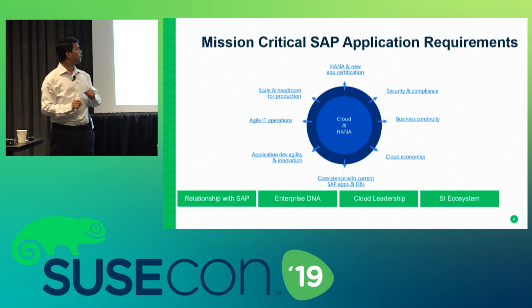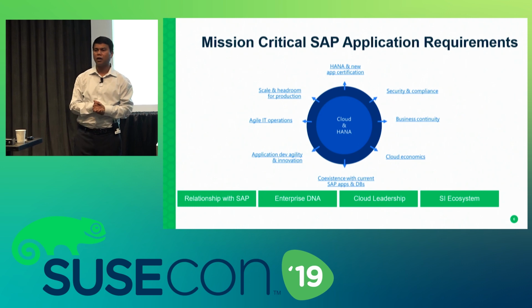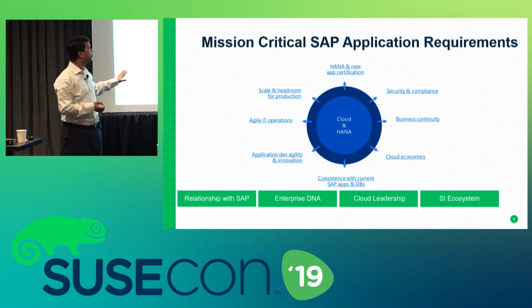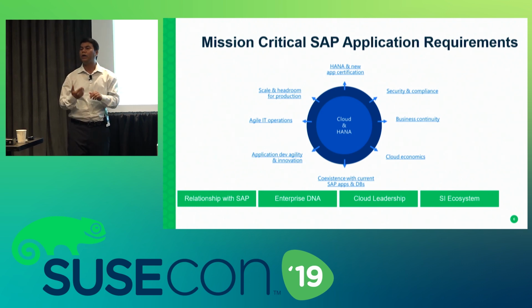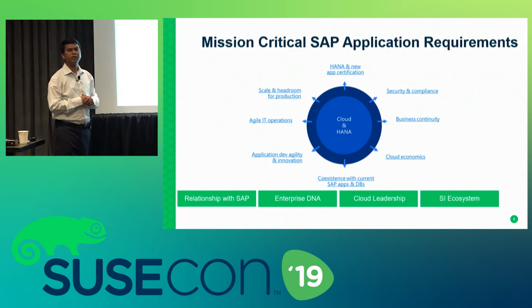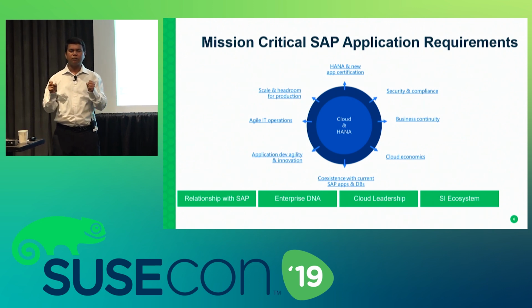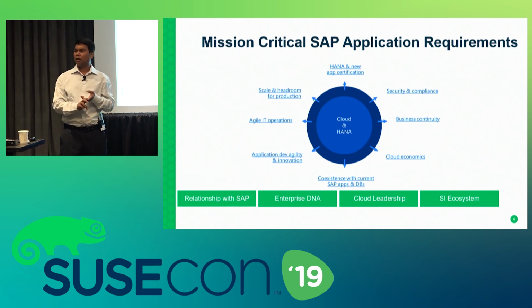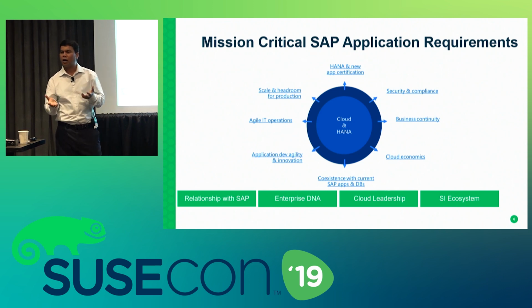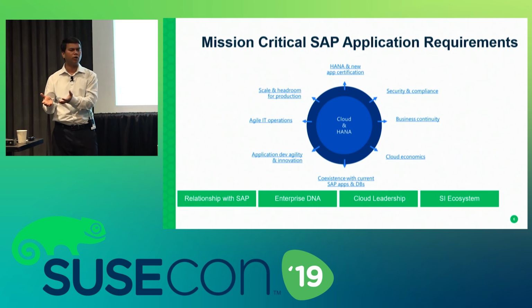So, if you want to really move your mission critical environment like SAP or your S/4HANA, these are the few basic factors that you want to evaluate from the cloud vendor perspective, right? The number one is your HANA and new application certification. There are various ways you can deploy your SAP, and SAP could provide you, specifically from the HANA perspective, a certified model or a TDI model, right?